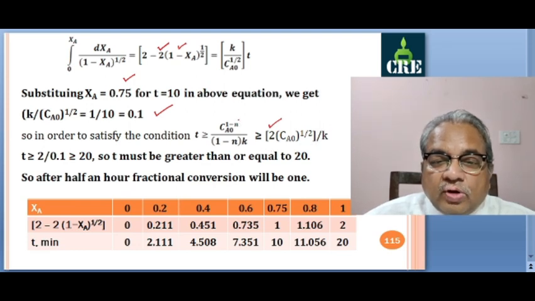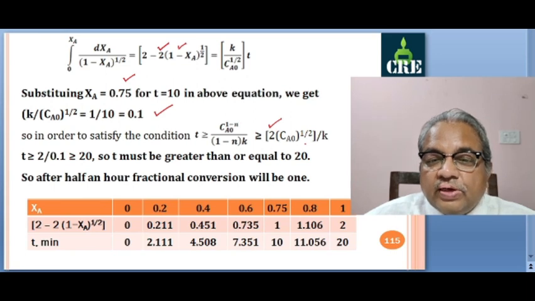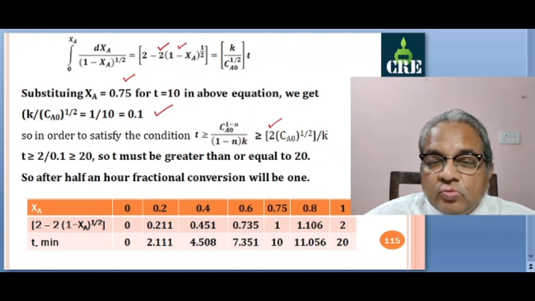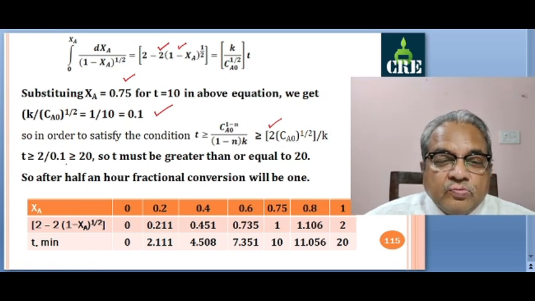So for n is equal to half we can express this as this, and you have to check t. If it is equal to this particular value then there will be complete conversion, or Ca is equal to 0, and beyond that you will get conversion more than 1 and concentration negative.